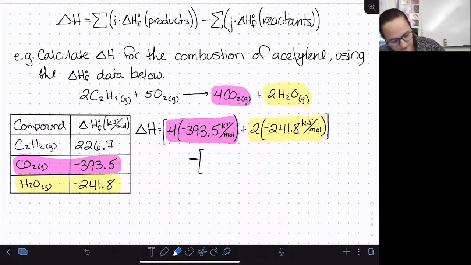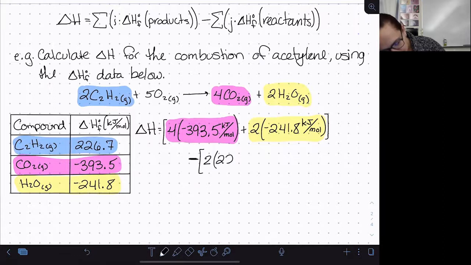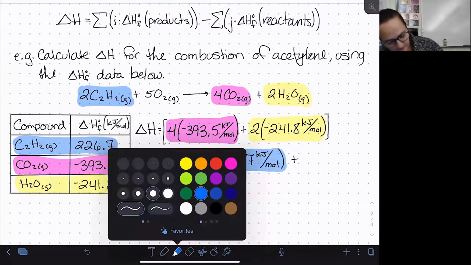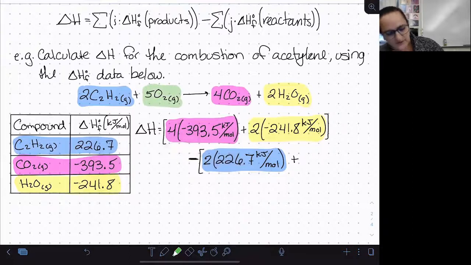So on the reactant side, we have 2 moles of acetylene. So we'll do 2 times the heat of formation for acetylene. And then oxygen, we're not given a value for, but we recognize that O2 gas is an element in its standard state. So the heat of formation is 0.